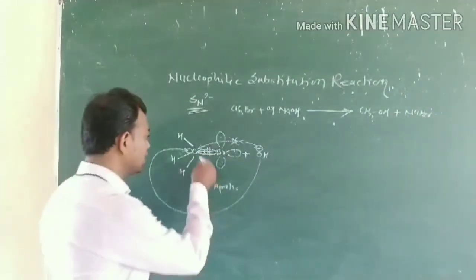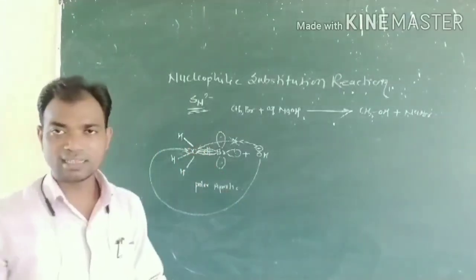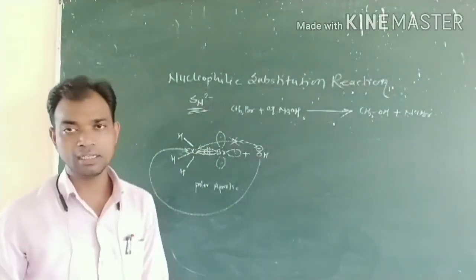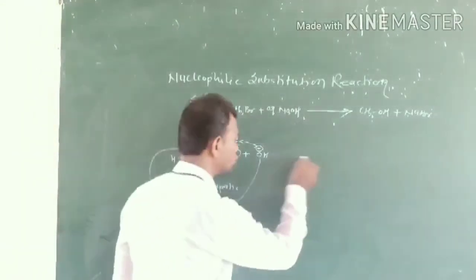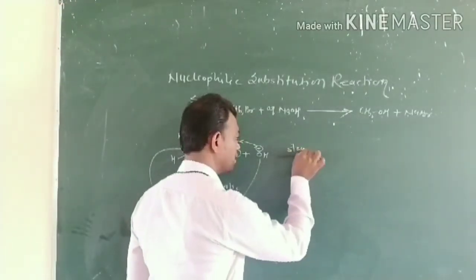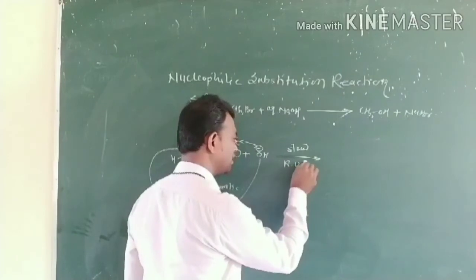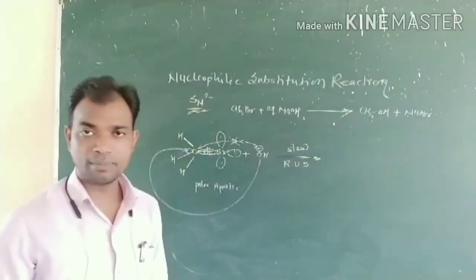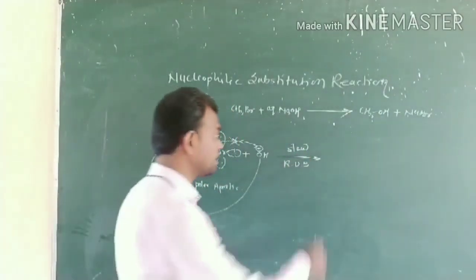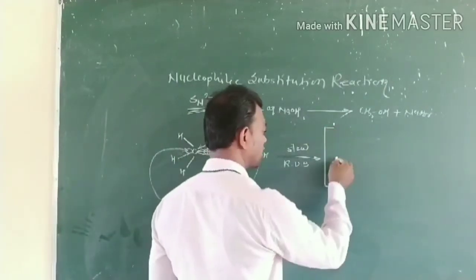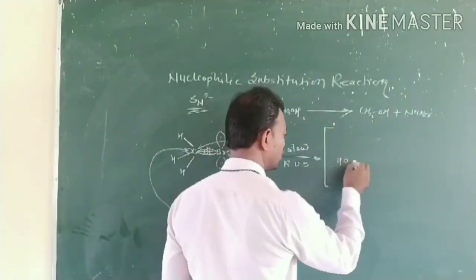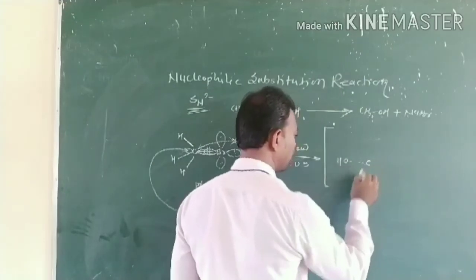That means the electron density on that carbon atom goes on increasing. It is a slow step and a rate determining step. The transition state will occur where the OH is trying to form the bond with the carbon atom.